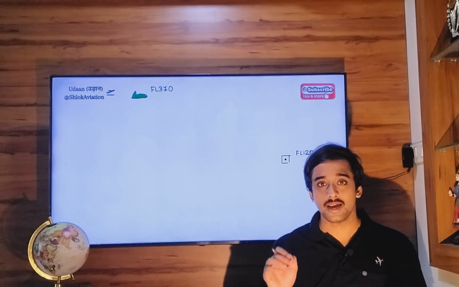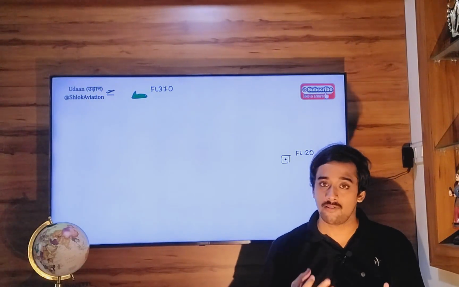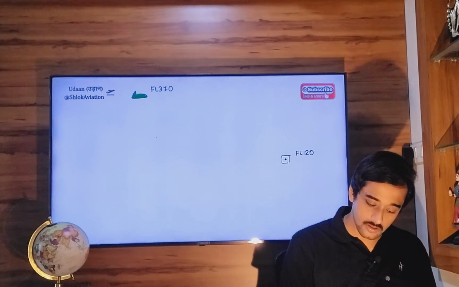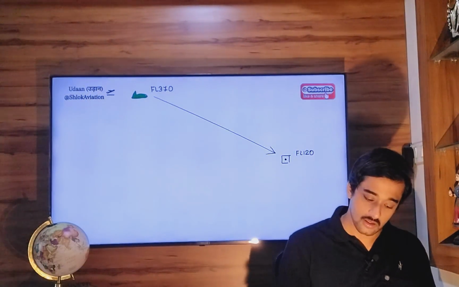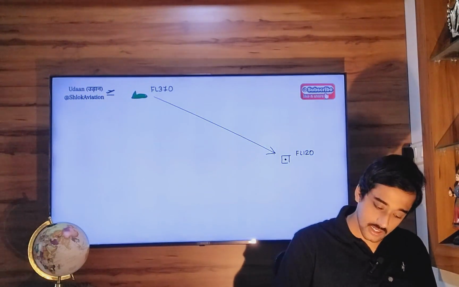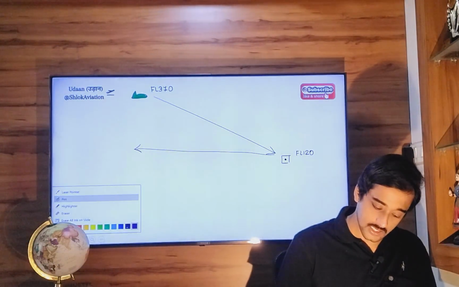That means when it arrives over the DME station, it must be at a level of 12,000 feet. Okay, so it is 100 miles away from this station.